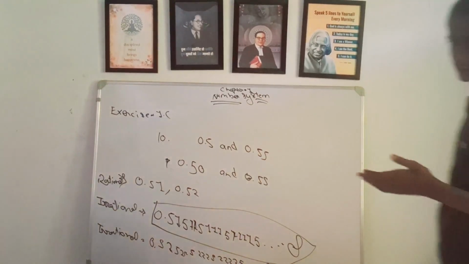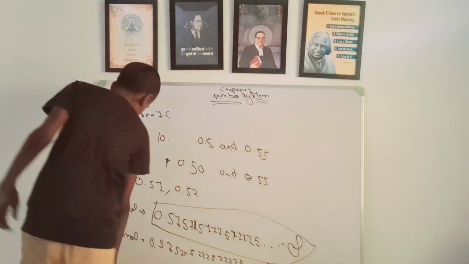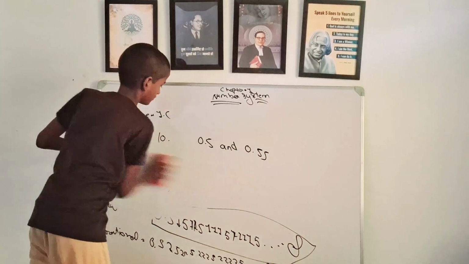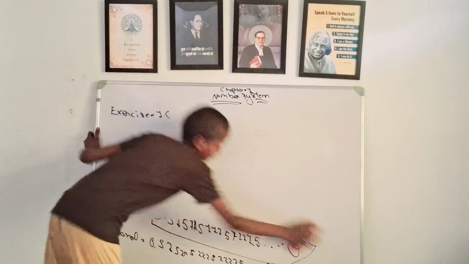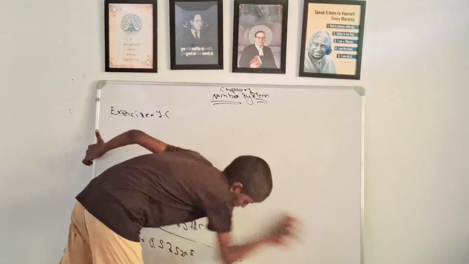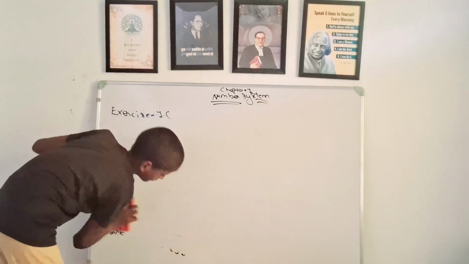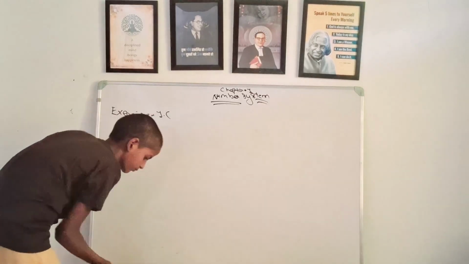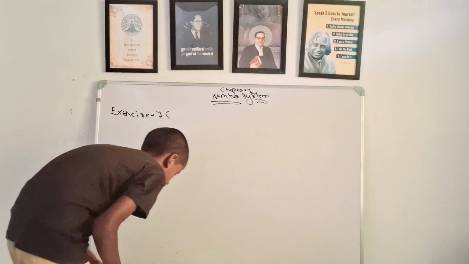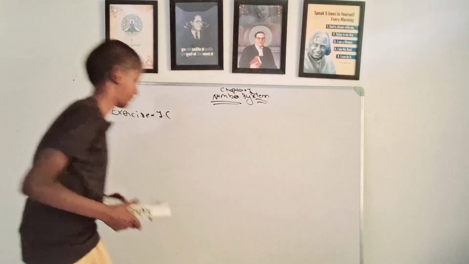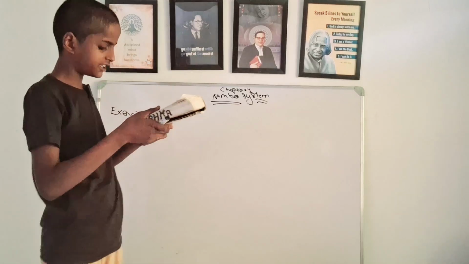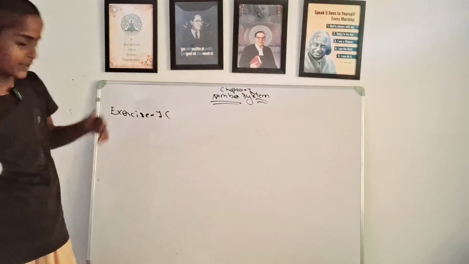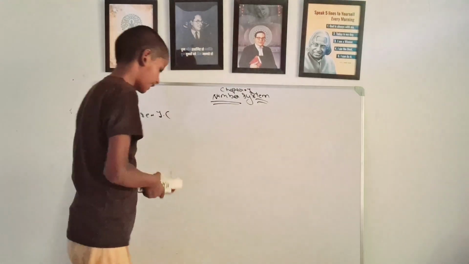So let's move to the next question, question number 11. Find 3 different irrational numbers between the rational numbers 5 by 7 and 9 by 11.